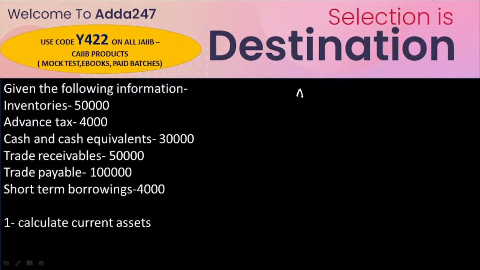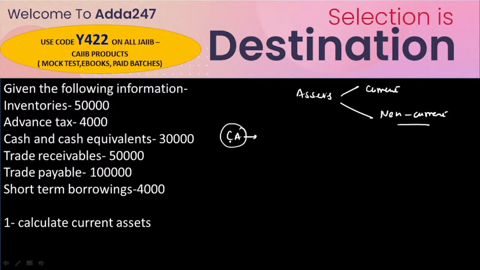Assets are classified into two broad categories: first is known as current assets, and another one is known as non-current assets. So first understand what current assets are.